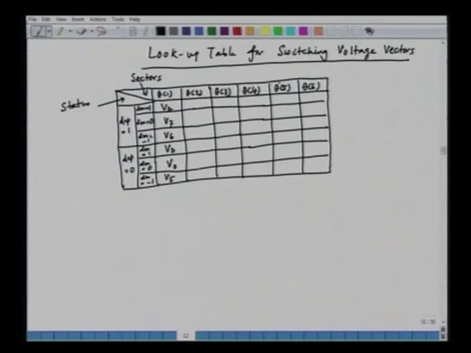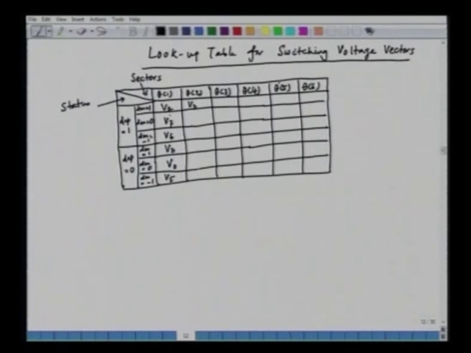Similarly, we can find out by the same logic the switching vectors in sector 2, sector 3 up to sector 6, and since they are symmetrical, we can just write down out of symmetry, this is V3, V2, V3, this is V4, V5, V6 and V1, and this will be V0, then V7, V0, V7 and V0, and out of symmetry this is V6, V1, V2, V3, V4 and V5, and here this is V3, and out of symmetry this will be V4 and this will be V5, V6, V1 and this is V2.